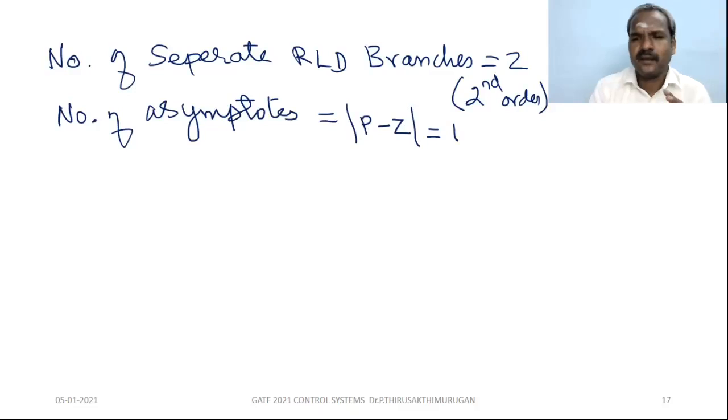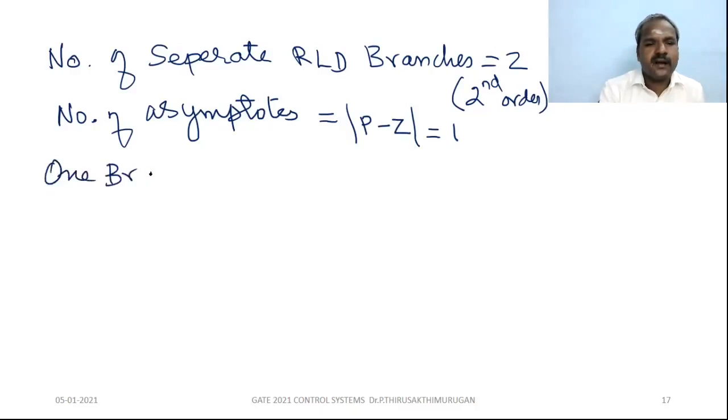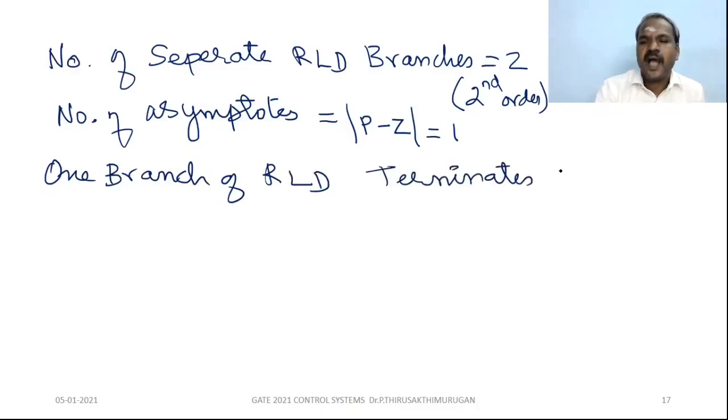How many zeros are there? How many poles are there? So 2 branches, and one branch of the RLD will terminate at a finite zero.